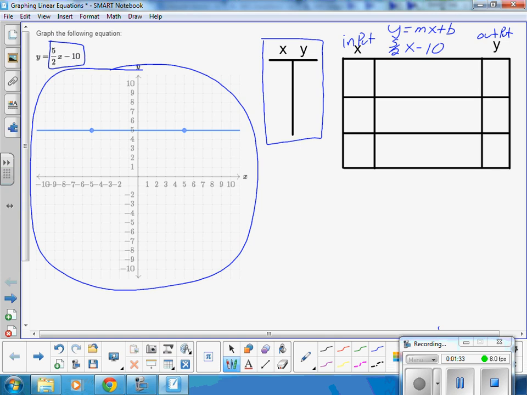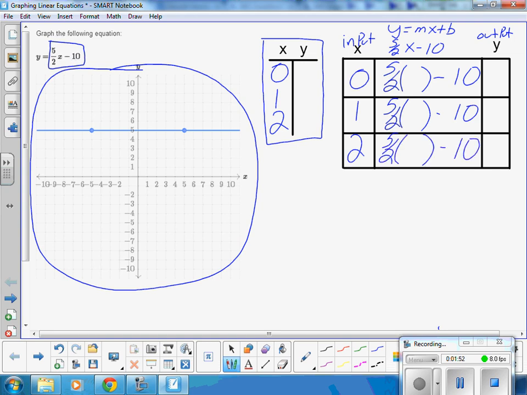So picking numbers, the most common numbers students will pick are 0, 1, 2. And we're going to substitute that into this expression and just do the arithmetic as if we were in chapter 1 of the textbook.